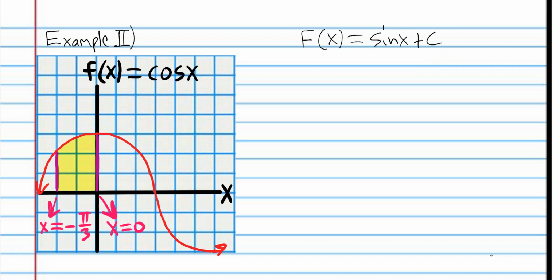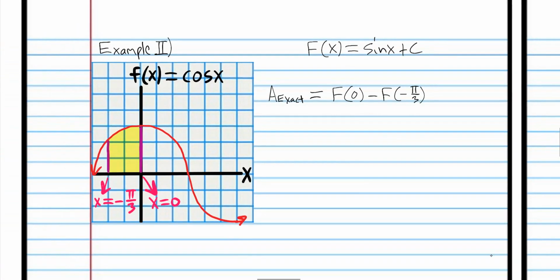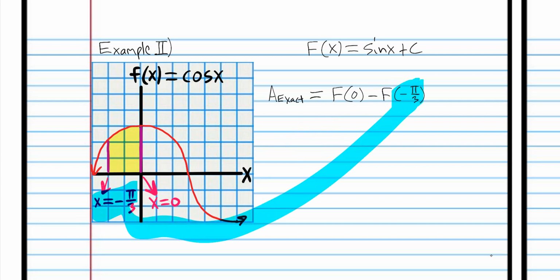And it's important to understand that when we find the exact area, the function that we use here and the function that we use here, they're the same function. So again, the fundamental theorem of calculus tells us that if we want to find the exact area under the graph of this function, we simply find the antiderivative of the function, plug in our right bound, and then subtract the antiderivative of the function with the left bound plugged in.